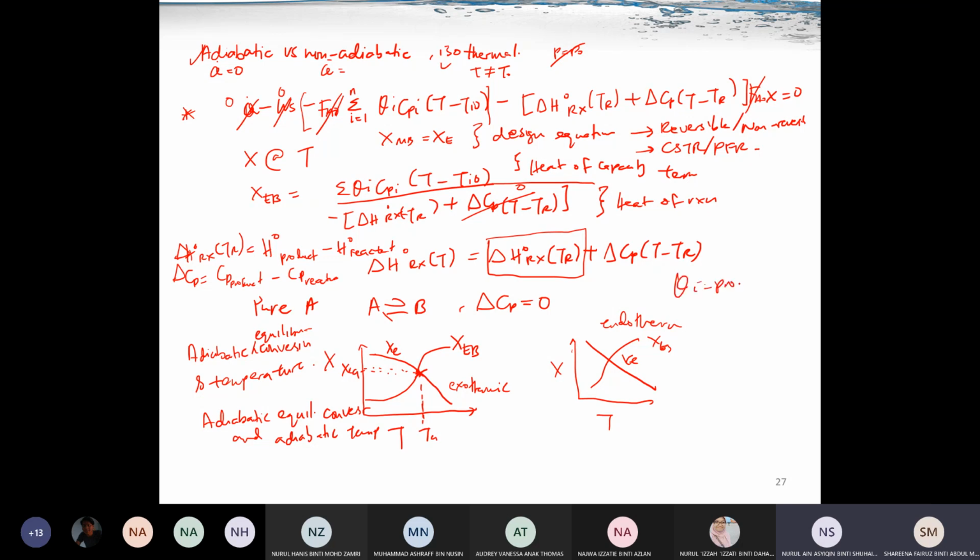For product, theta is equal to 0, so you only consider the reactant part for theta. Okay, so we move to the exercise.